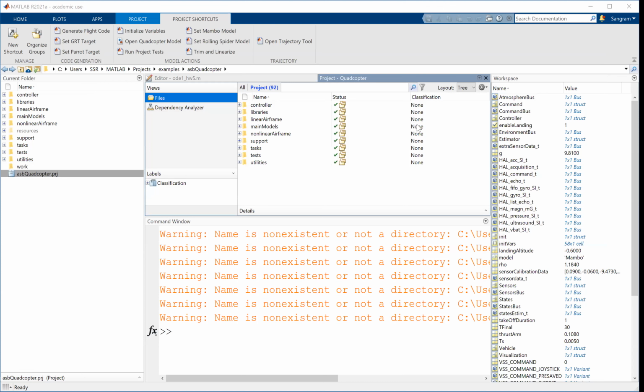So as you can see, this is the visualization of Parrot Mambo. If you go back, you can do the trajectory modeling, you can open the flight control model, and you can actually put in the sensors, you can do the dynamics, you can adjust the gyro biases, you can adjust the different scale factors, and then actually see how good or bad the Mambo is going to perform.